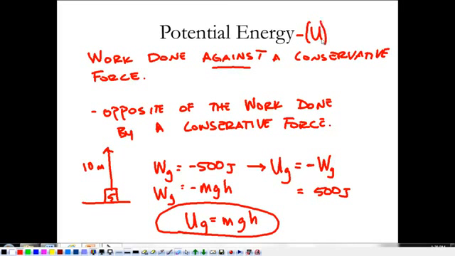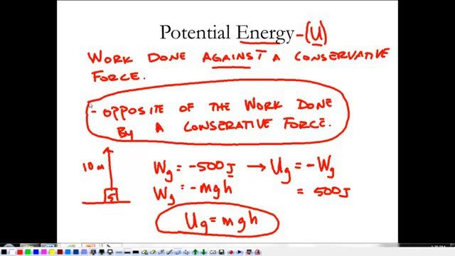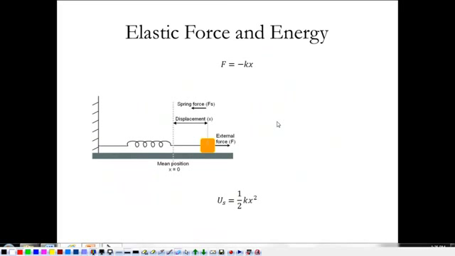I don't know why, but every time you see a U, that means potential energy. And because it's energy, it's measured in joules. So, what we're going to stick with for potential energy is the opposite of the work done by a conservative force. Gravity does negative 500 joules. My potential energy is 500 joules.